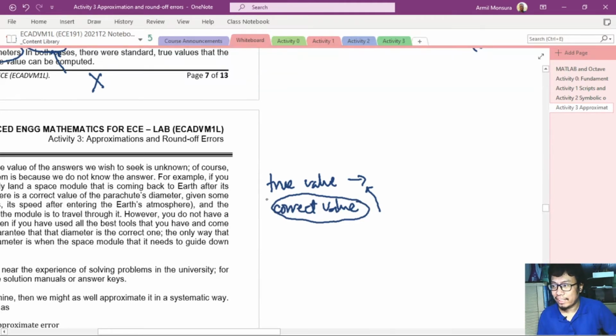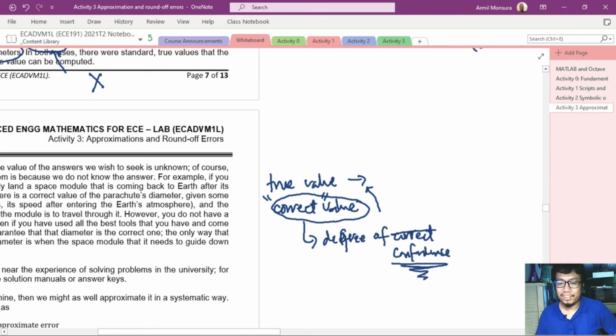Okay, so we might consider our answer to be correct with a certain degree of confidence. Masabi lang natin na correct siya because we are confident that that might be the correct answer. And that confidence actually has some basis din. Hindi naman pwedeng guts lang to.